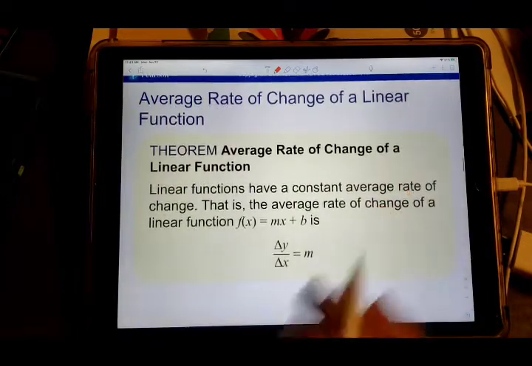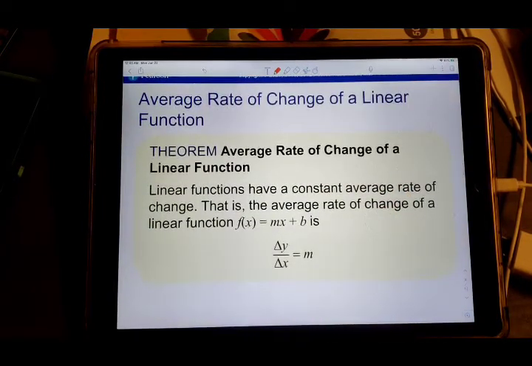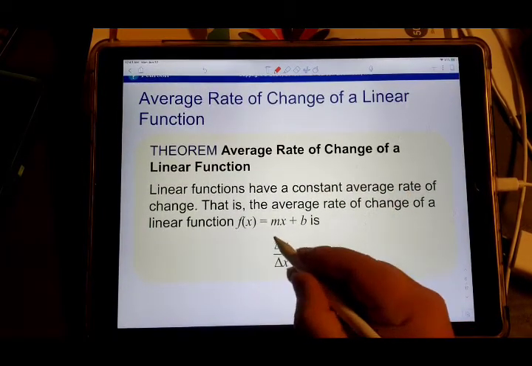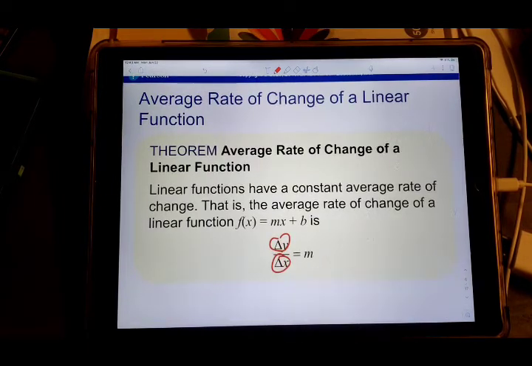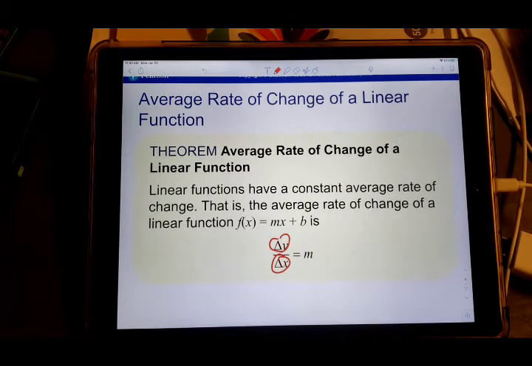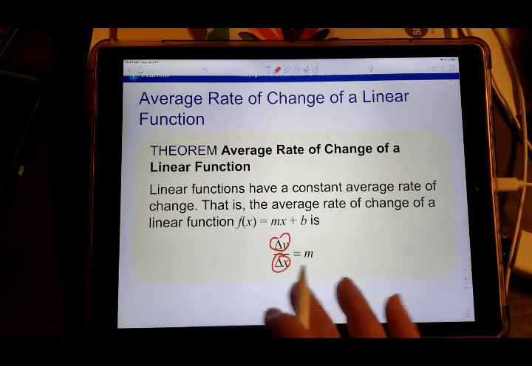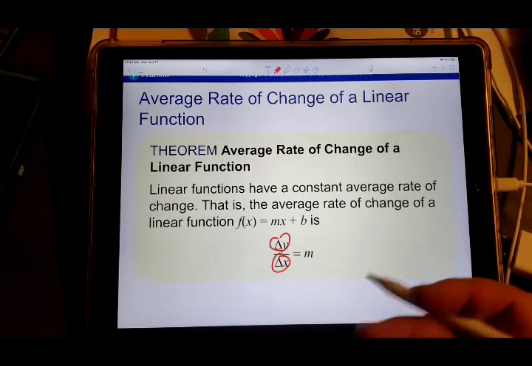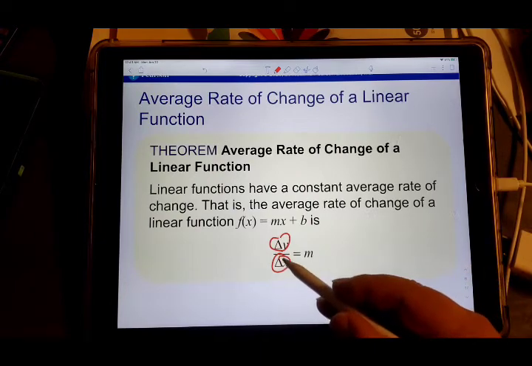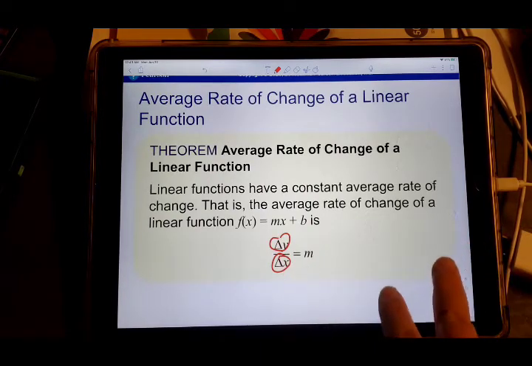All right. So this idea of average rate of change is essentially the slope. It's the change in y over the change in x between 2 points. Well, actually, the average rate of change would still be between 2 points, but usually over an entire interval.